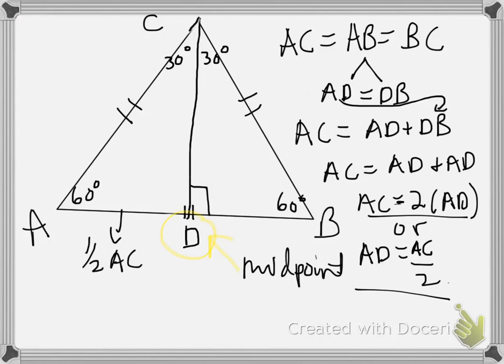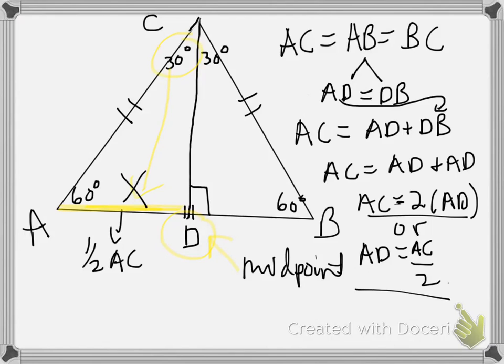So the conjecture would be, in the 30, 60, 90 right triangle, if the side opposite the 30 degrees, that would be AD, has the length X. So we'll call this X. Okay?